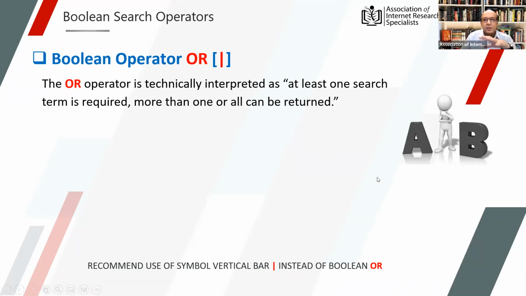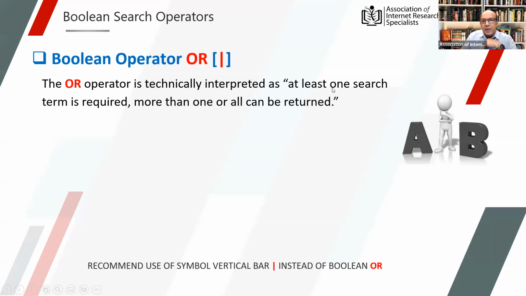And thankfully, this is a very effective slide. What OR does is, and you can read this carefully and try to interpret it in your own mind to see if you still don't understand: at least one search term is required between whatever is on the left and right of it, obviously.